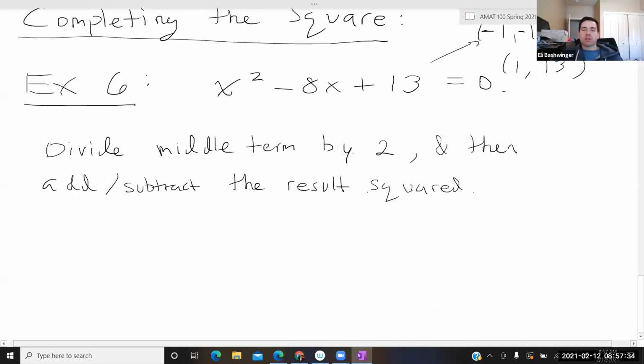So the middle term is -8. I'm going to add in -8 divided by 2, squared, and then I'm going to subtract it off. So I'm not changing the equation, right? I've added something in and then subtracted it off.